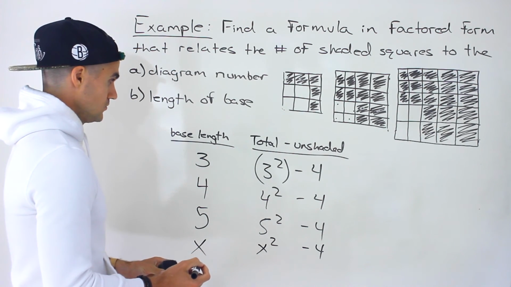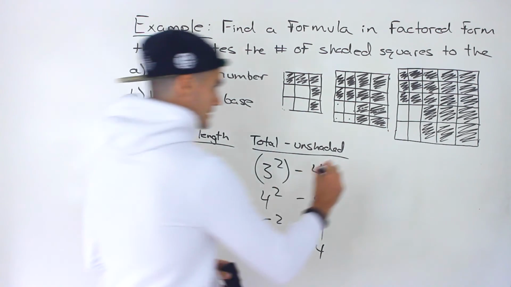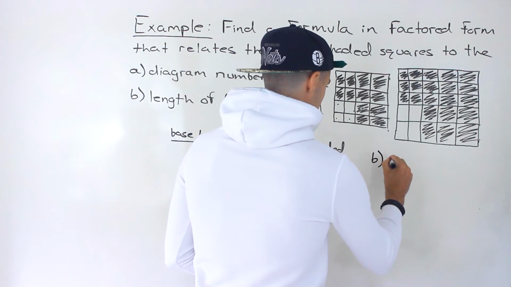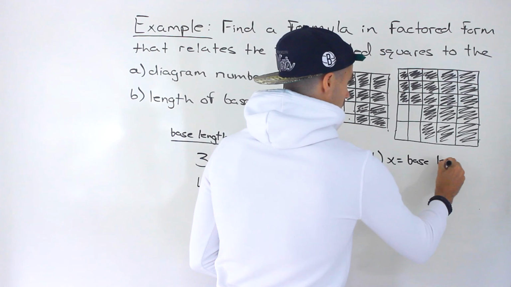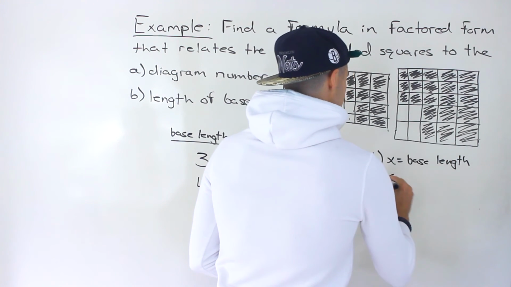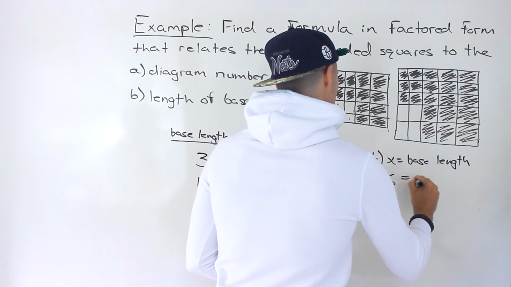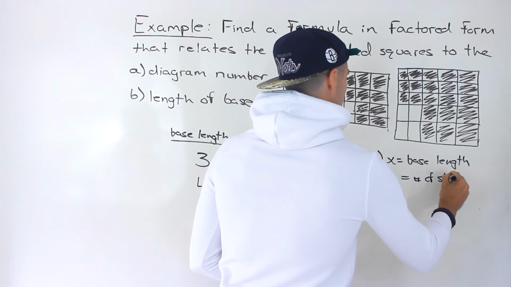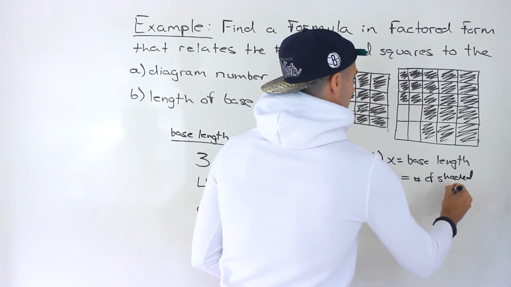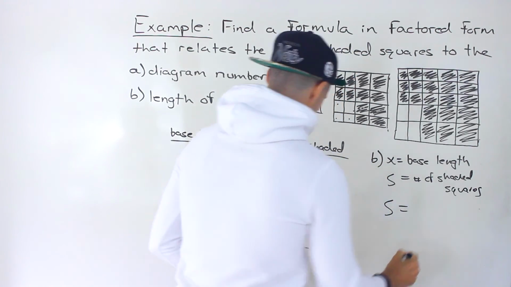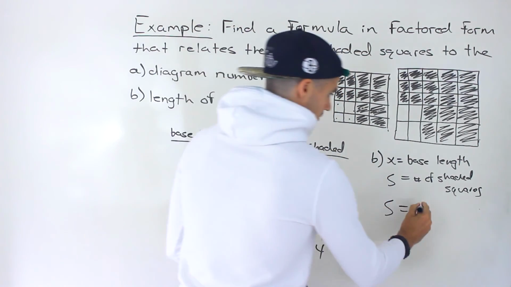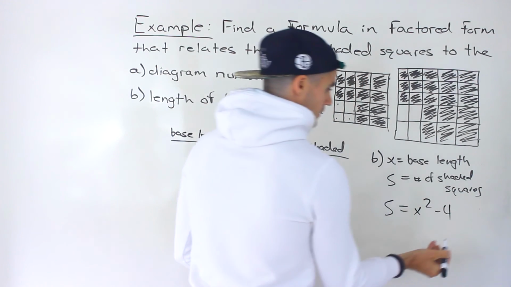And so from here, let's create the formula. So we'll let x equal the base length, we'll let S equal the number of shaded squares. So we'll have S equals x squared minus 4.